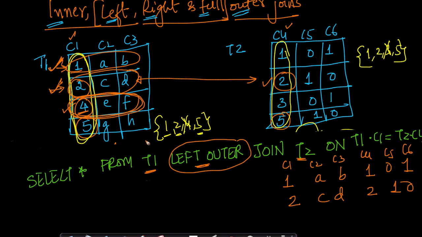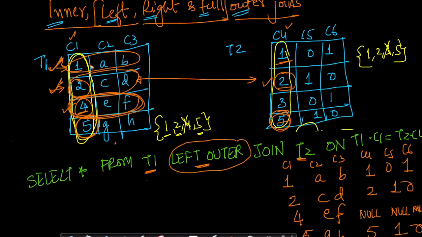So we take this 4, E 4, but nothing corresponding to 4 is here. There is no 4 here, here, here. So we would just write null, null, null. What about 5? Yes, for 5 there is a corresponding row here. So we would say 5 G H 5 1 0.